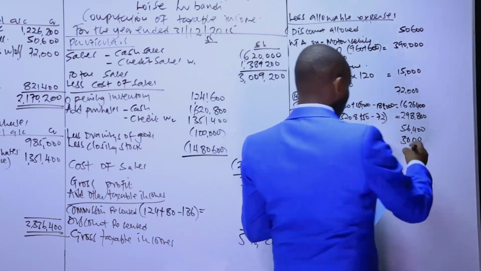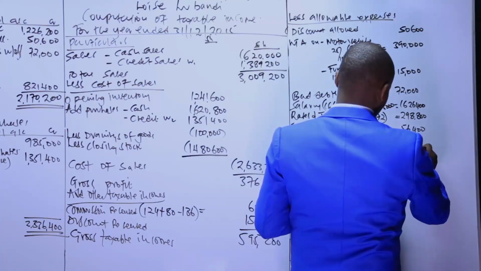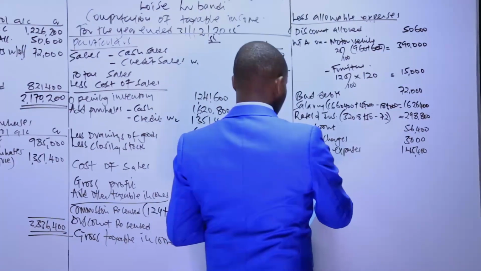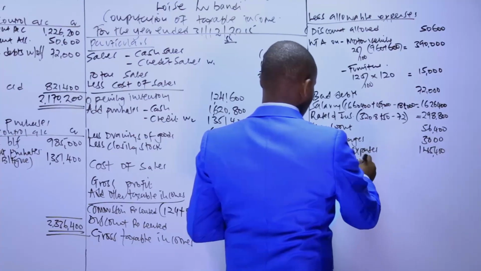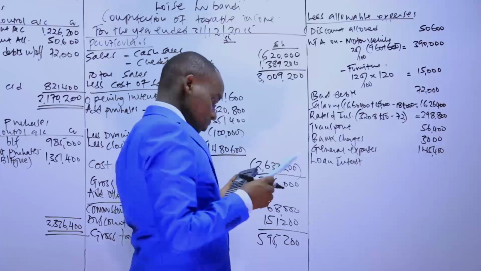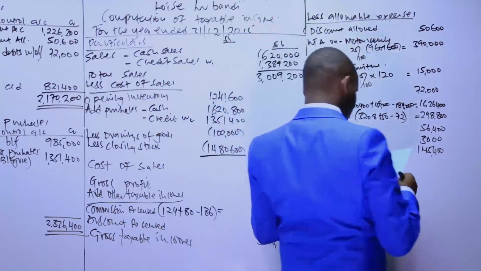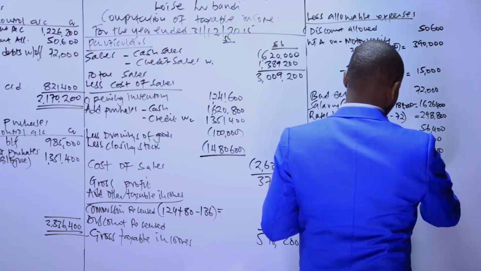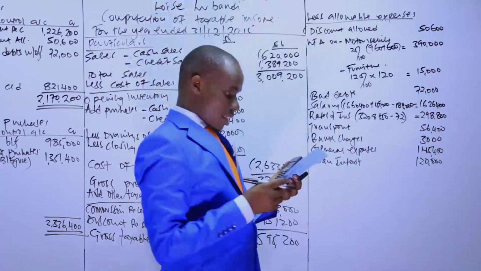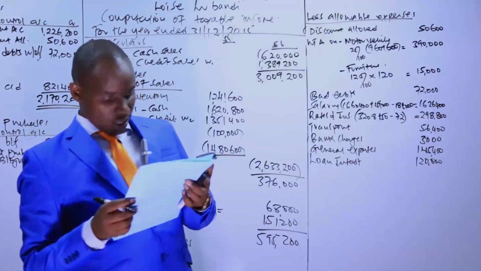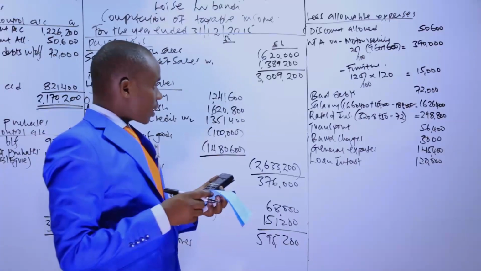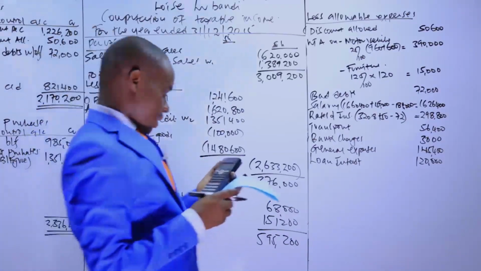No note. 145,400. Loan interest is also allowable. We are not given the amount of the loan, so this means it is equal to the actual interest that is supposed to be paid, 120,000. And then discount allowed I captured, so that is it for the expenses.